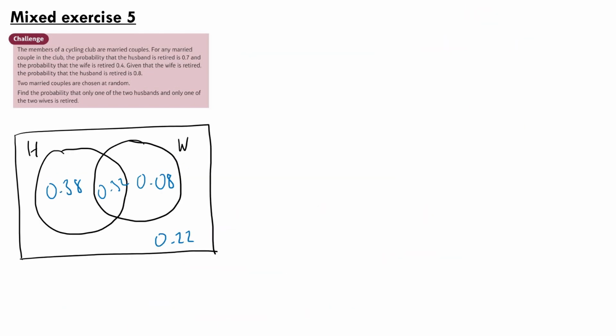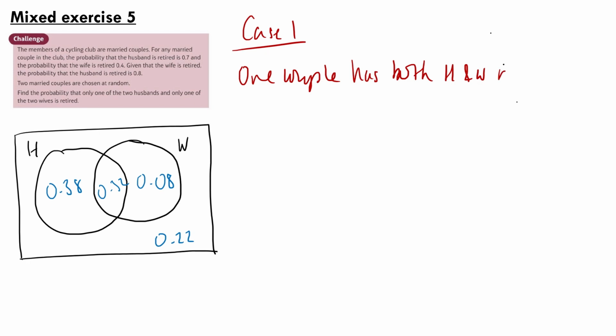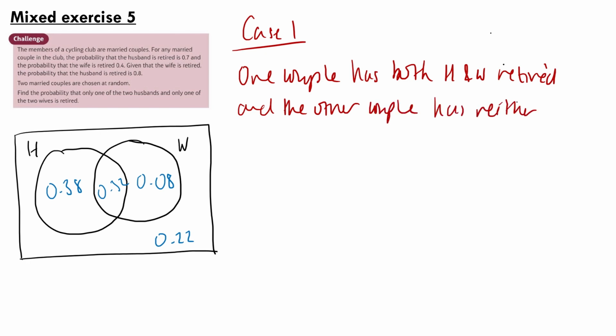And now, two married couples are chosen at random. Find the probability that only one of the two husbands and only one of the two wives is retired. Here there are two possible cases. Case 1, I'll do in red, is that one couple has both husband and wife retired, and the other couple has neither retired.